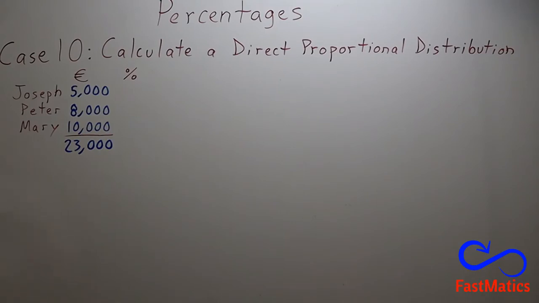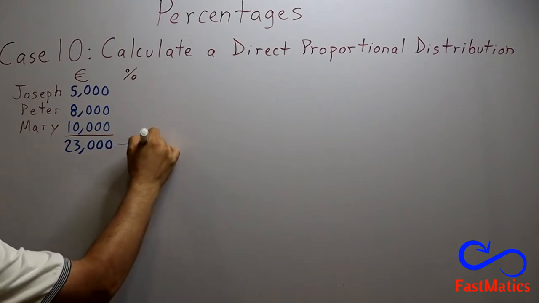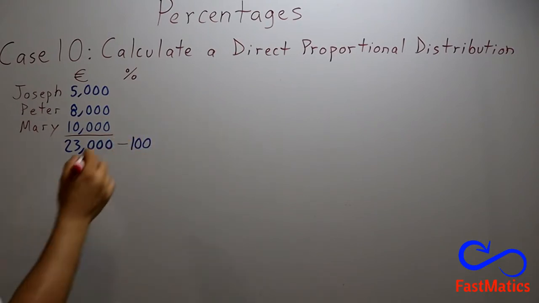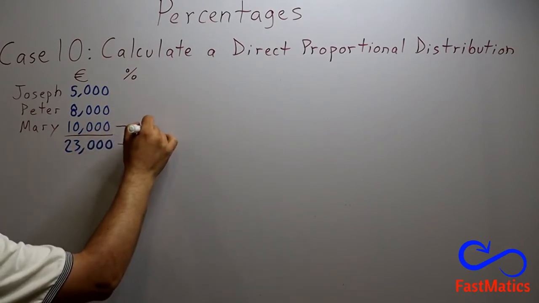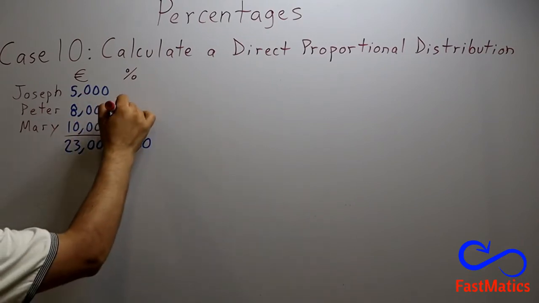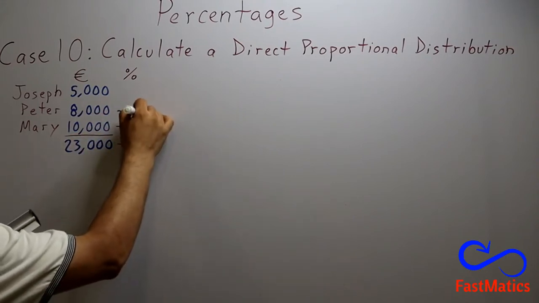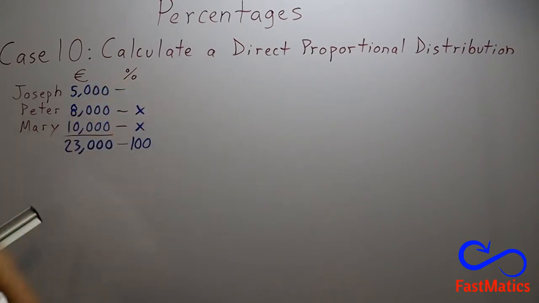So we need to know if 23,000 euros is 100% of the money, 10,000 euros, what percent is? And 8,000 euros, what percent is? And 5,000 euros, what percent is?